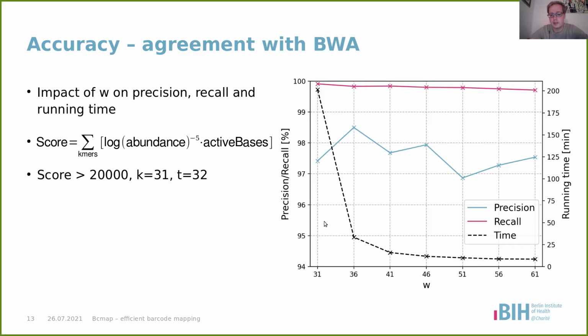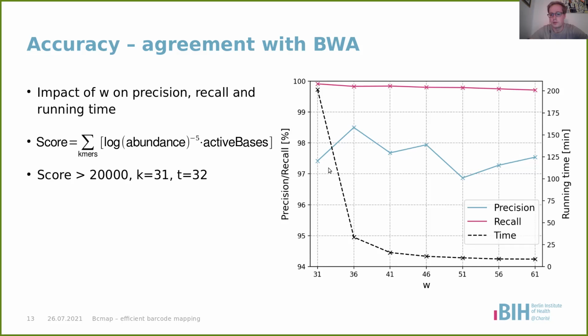And we can clearly see that the use of minimizers and using larger windows has a big impact on the running time. It gets much faster, of course. But it has a very minor impact only on the recall. It just slightly drops for larger windows, which is also to be expected.